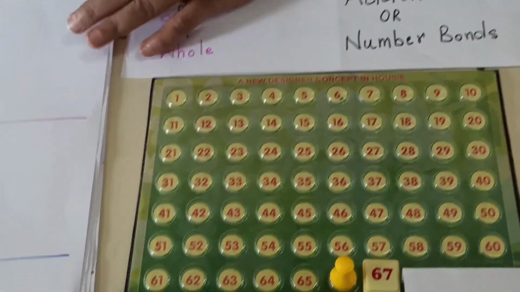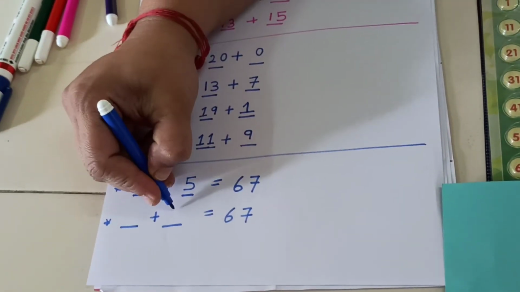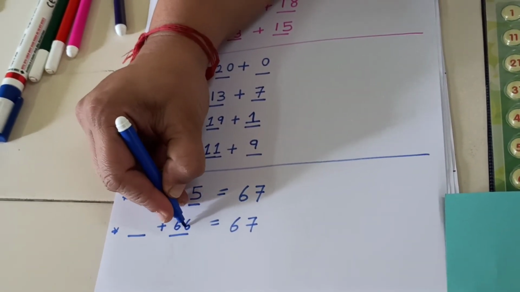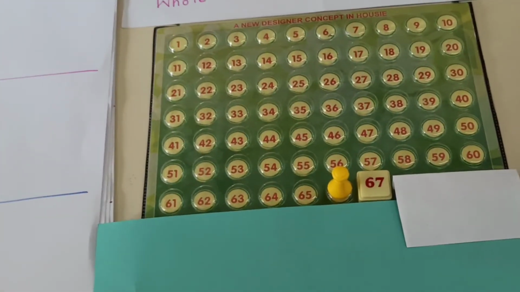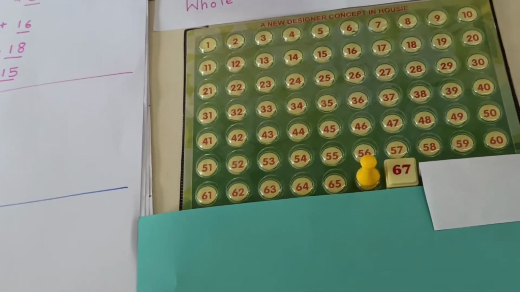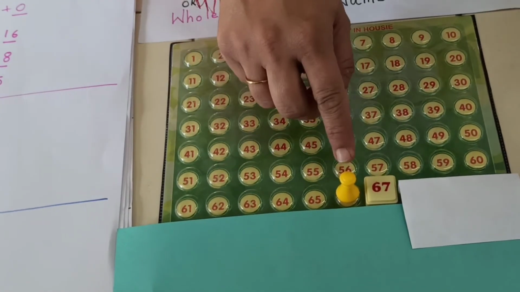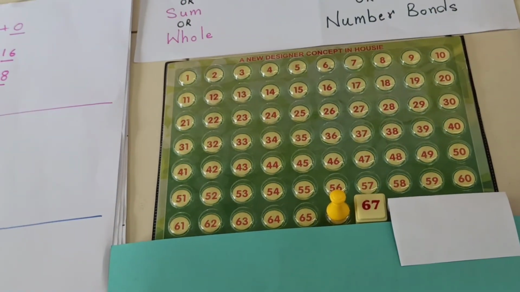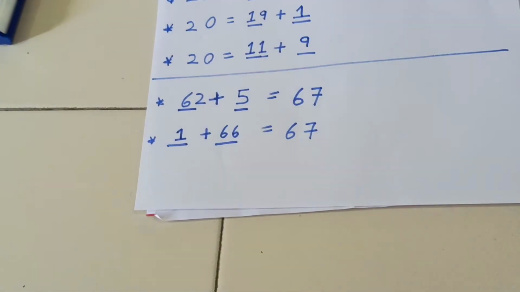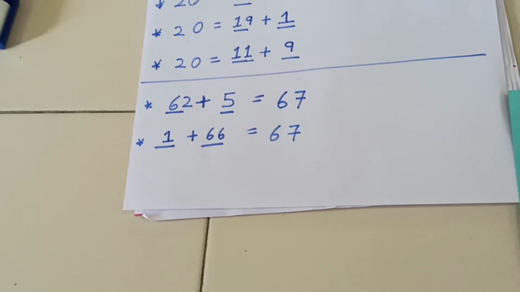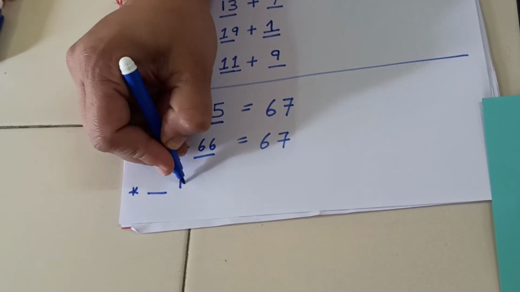That means I should write one of the addends as 66. Now you have to move forward. How many steps? Only one step, Neetu teacher. Very good. So 66 plus 1 is 67. Perfectly said.